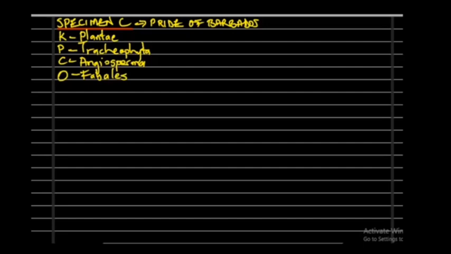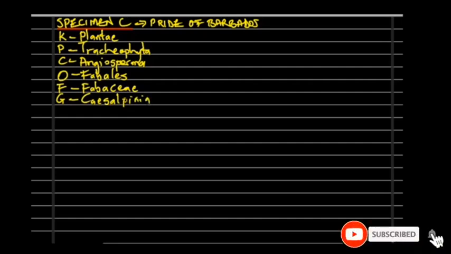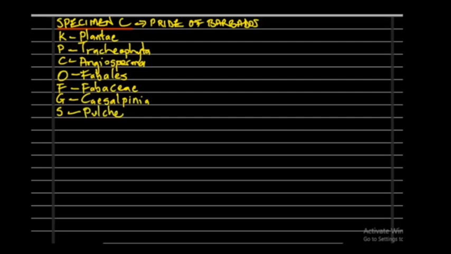The family is Fabaceae, and then the genus is Caesalpinia. That is the genus. And the species, we have it as pulcherrima.